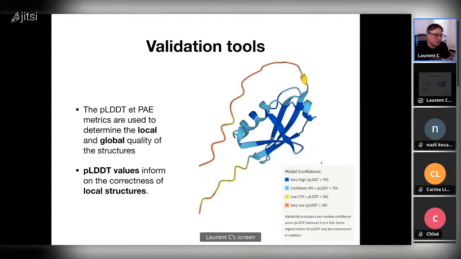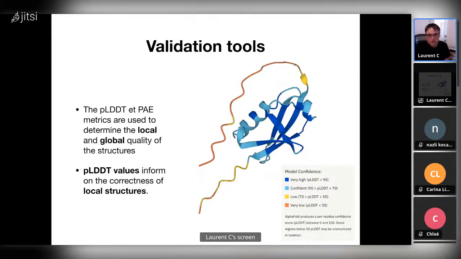It's a scale between 0 and 100, with 100 being a really good prediction and 50 and below being a pretty bad prediction. And typically residues which have low pLDDT values are intrinsically disordered, meaning that you don't expect at this position to have a fixed secondary structure.